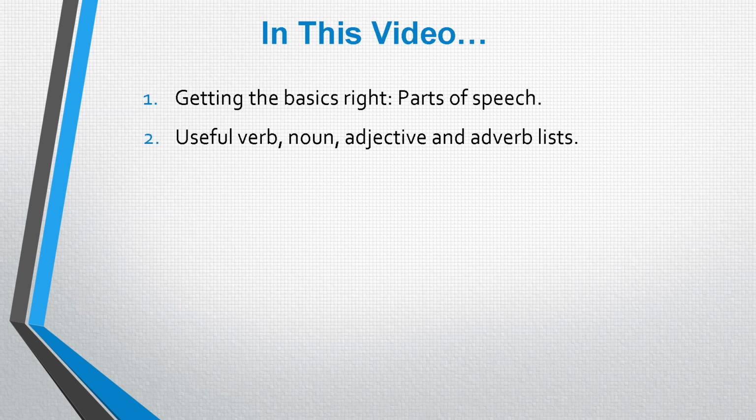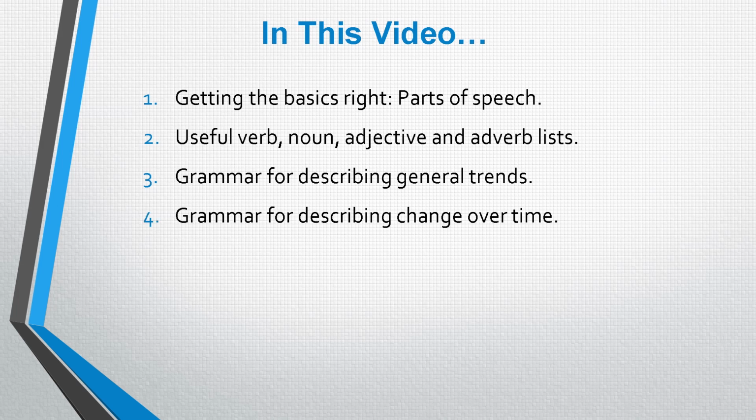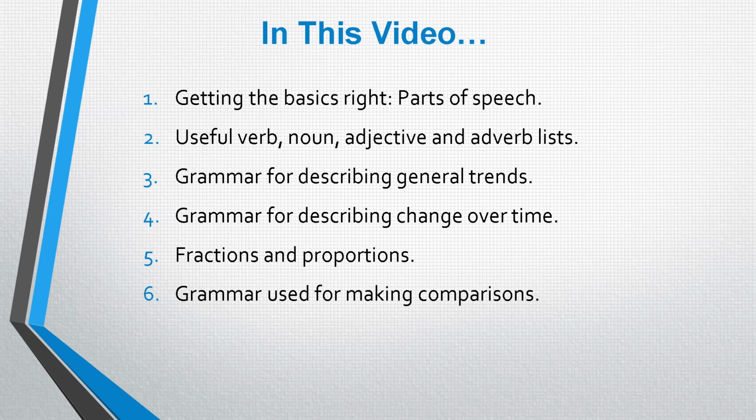We looked at specific grammatical structures for describing general trends, for overview paragraphs. Then we looked at grammatical structures for describing change over time specifically, for details paragraphs. And we also looked at fractions and proportions as an alternative way to describe changes. And finally, we looked at grammatical structures used for making comparisons.